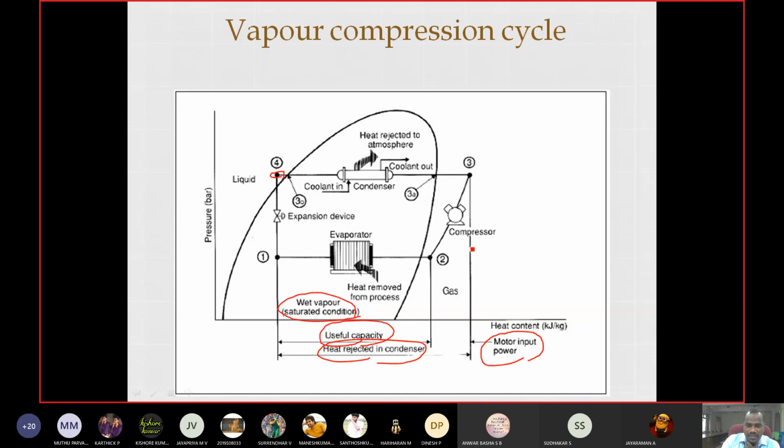So here only we give the input in the compressor. Like that we can classify the vapor compression cycle. So here we give the input, then here we get the required output that we will see, right?